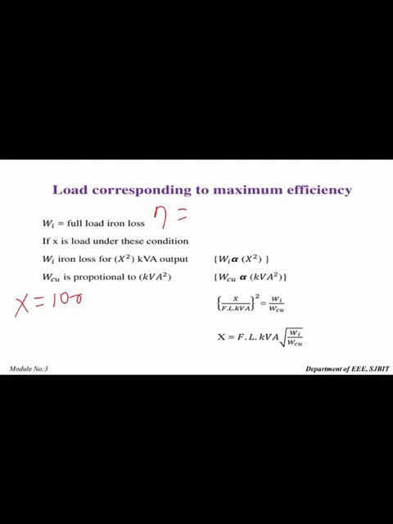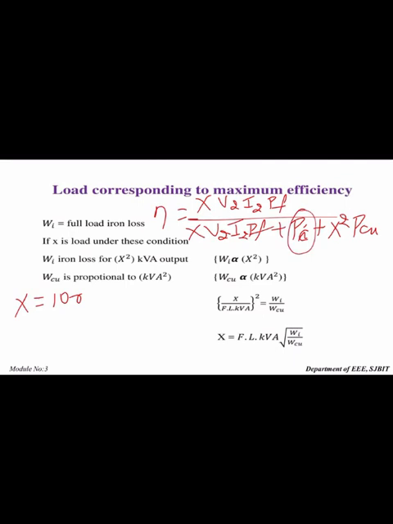So the efficiency equation can be written as X into V2 I2 power factor divided by X into V2 I2 power factor plus the iron loss plus X square into the copper loss. As the load varies, the output also varies, which is directly proportional, so we consider the load X along with the output. The iron loss doesn't depend on the load, so we keep it the same.